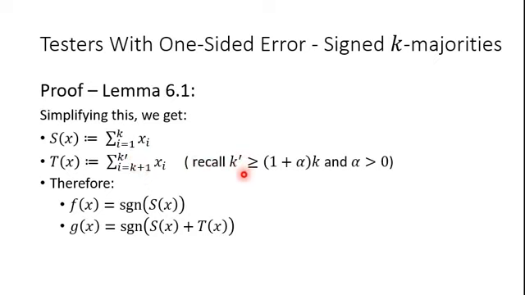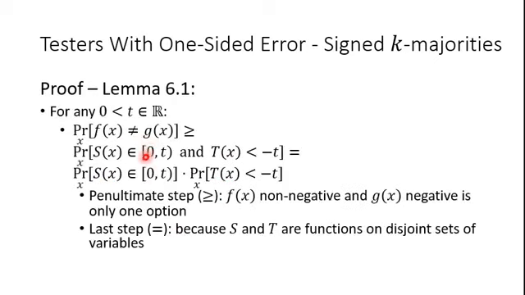So recall that k prime is at least 1 plus alpha times k, and we have alpha larger than 0, so we are certain to have at least one more variable here. So we have f(x) equals the sign of s(x), simply from the definition, and g(x) is the sign of s(x) plus the remaining variables that we still need to include to get g(x), which is s(x) plus t(x).